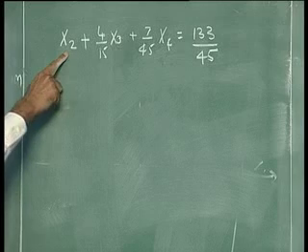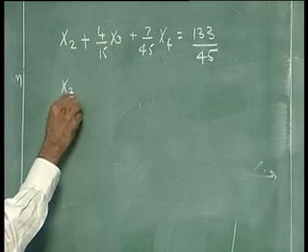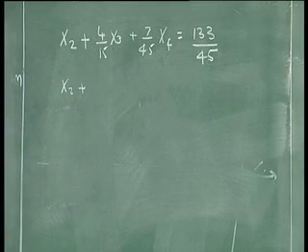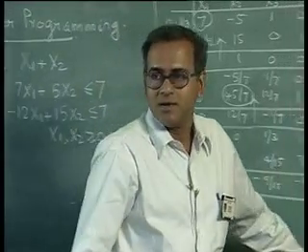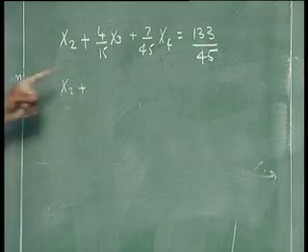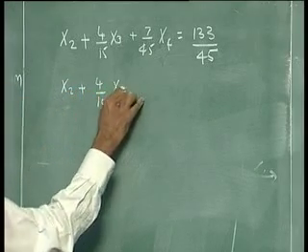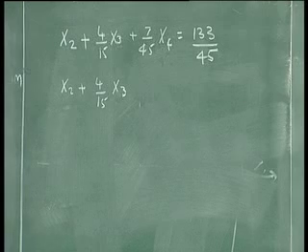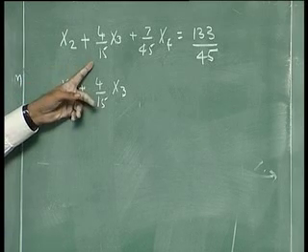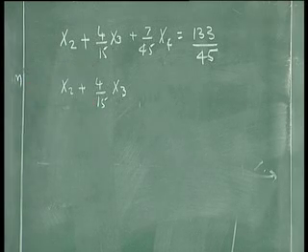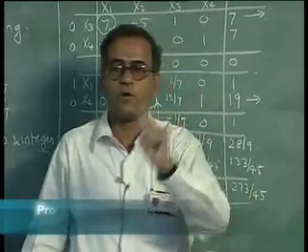I do not have a fraction for x2, so I just write x2. The coefficient of x3 turns out to be a fraction less than 1, right, 4 by 15. So, I just write it as 4 by 15 x3. For example, if this coefficient had been 19 by 15, I will write it as plus 1 x3 plus 4 by 15.